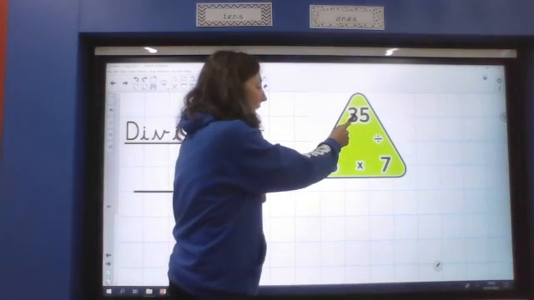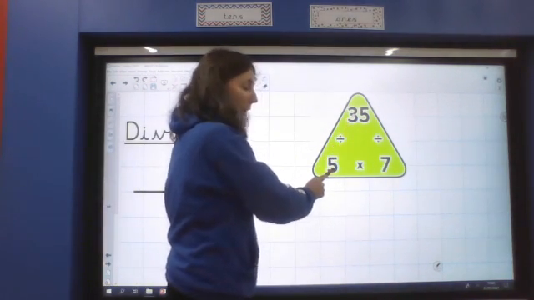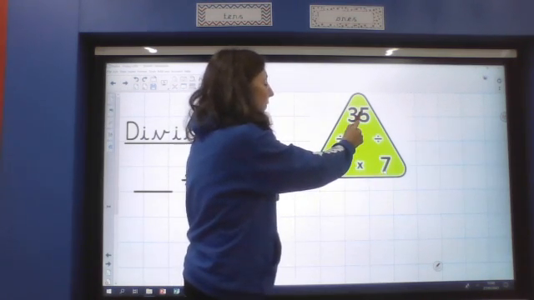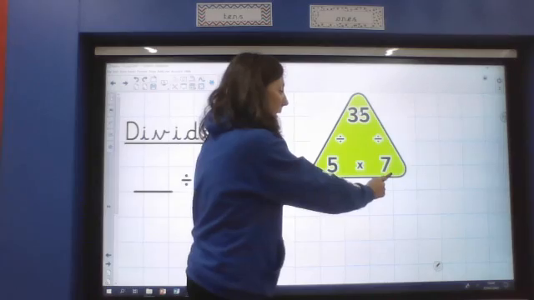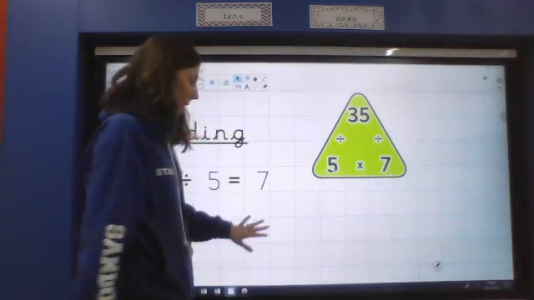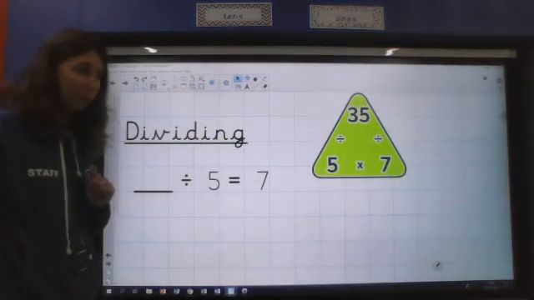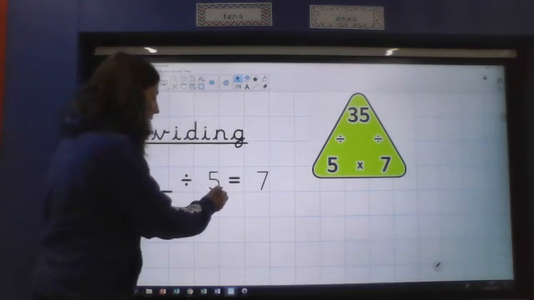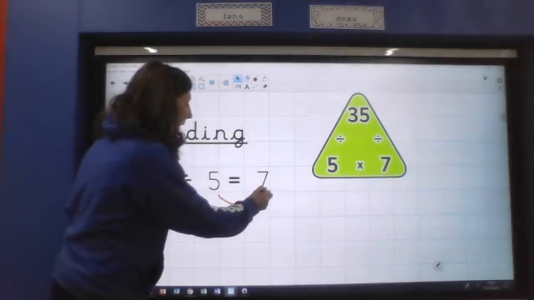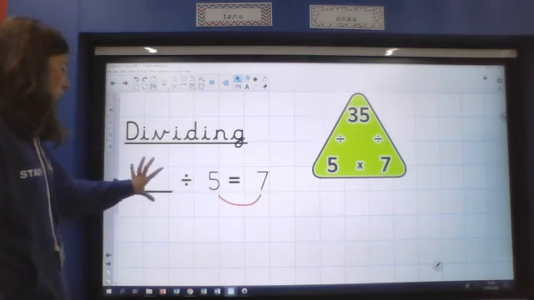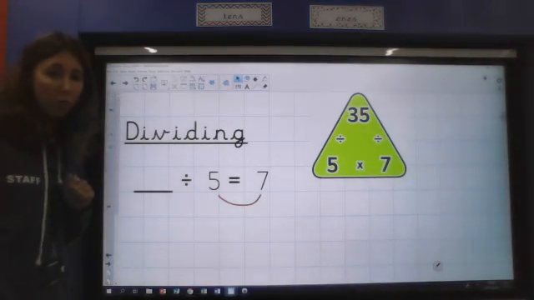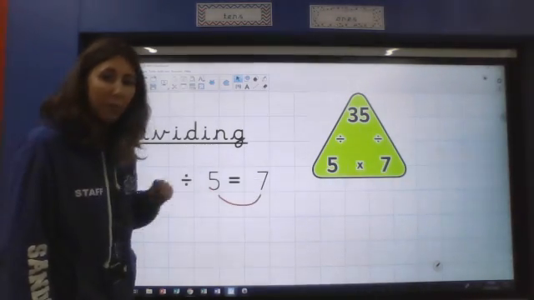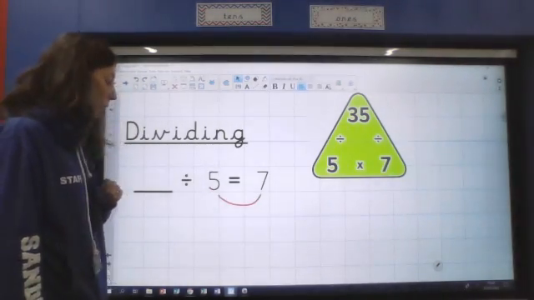I know if I take 35 and divide by 5, the answer is going to be 7. And if I do 35 divided by 7, the answer is going to be 5. So that gives us the answer to this one, doesn't it? Because what we're going to do is multiply those two numbers to work out the start number. So we need to count in fives 7 times to work that out.